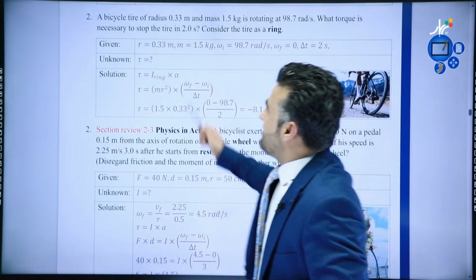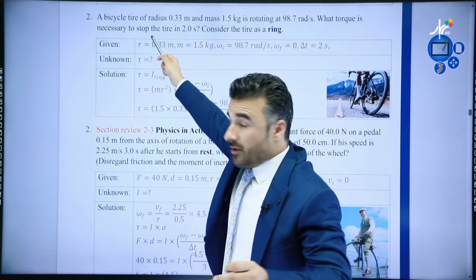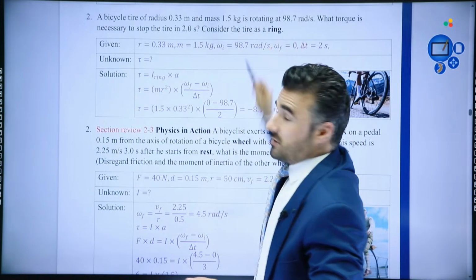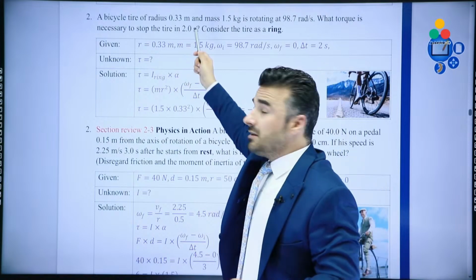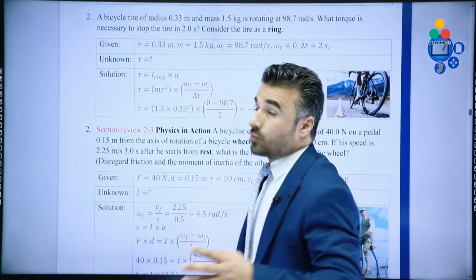What torque is necessary to stop the tire? To stop the tire means omega final will be 0, and this one is omega initial, in 2 seconds, so delta t is 2 seconds. Consider the tire as a ring.